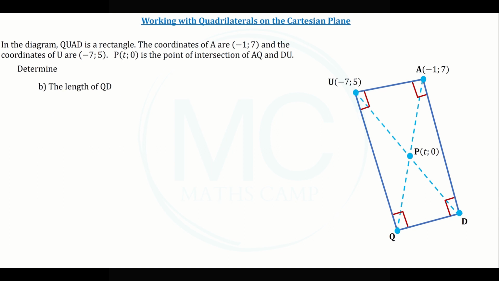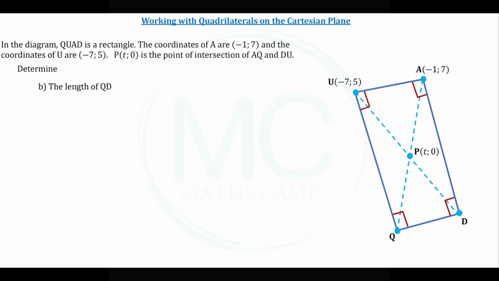Determine the length of QD. We don't have the coordinates of point Q or point D, so we can't use the distance formula to find the length. But QUAD is a rectangle, which means that opposite sides are equal. QD is opposite to AU, which means that both of these sides are equal in length.